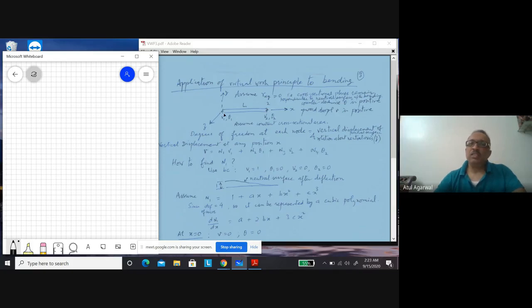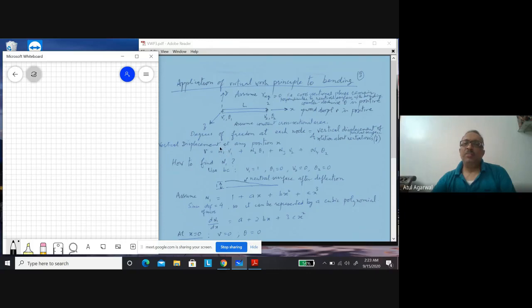So we can write vertical displacement V as N1 V1 plus N2 theta 1 plus N3 V2 plus N4 theta 2. Here N's are shape functions, or you can call them interpolation functions or polynomials.